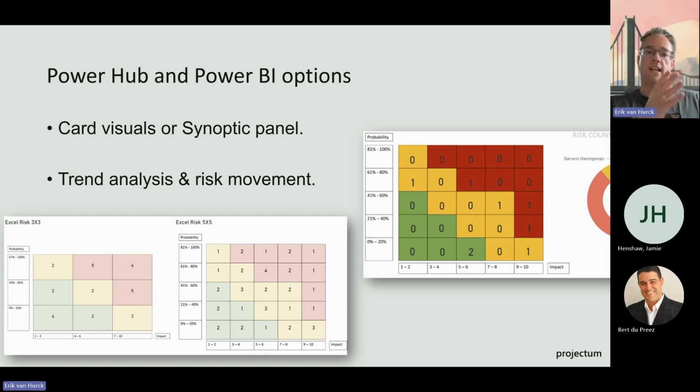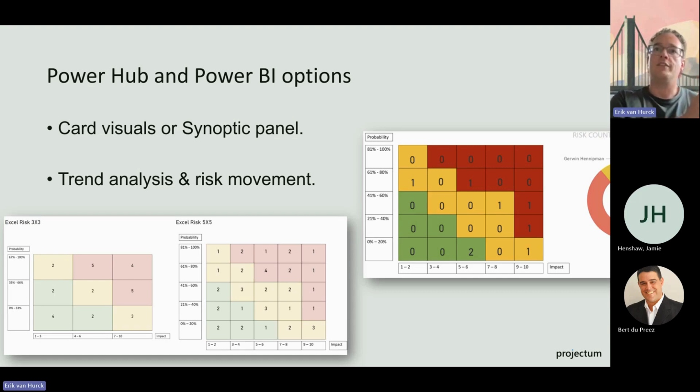So Power Hub is an Azure application that is provided by Projectum, and that listens in on any changes within the Power PPM. So if you change the owner for a project, you have the ability to see when that happened and what the results are, right?